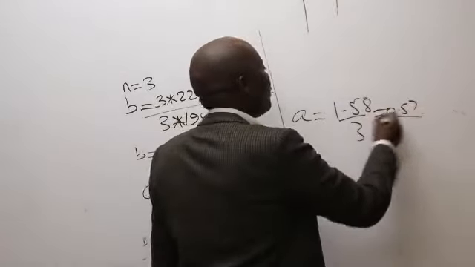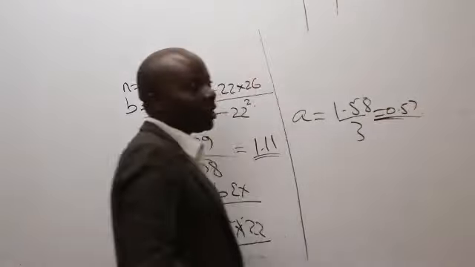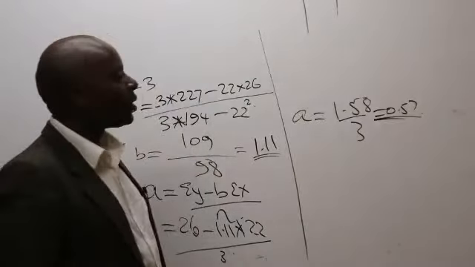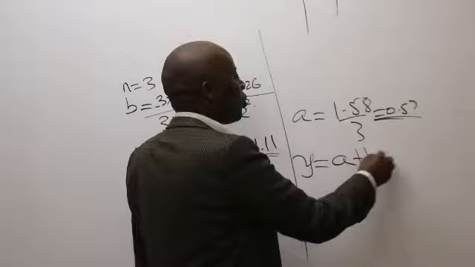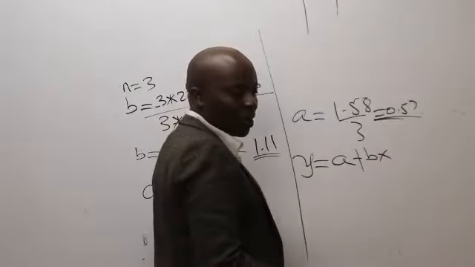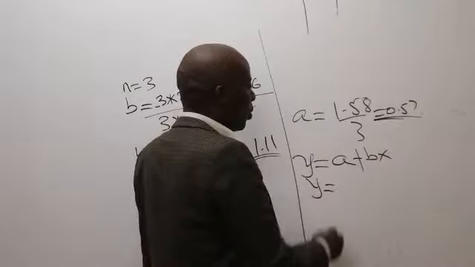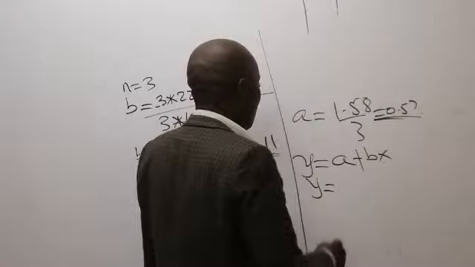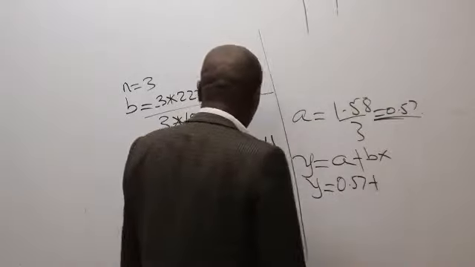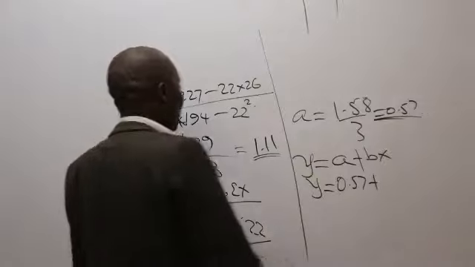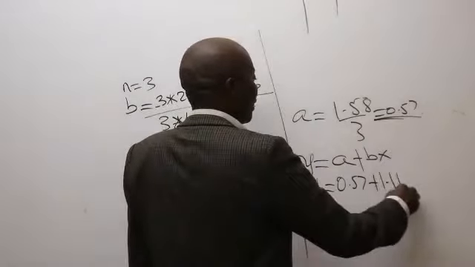Once I have the values of A and B, don't forget the free mark. Ladies and gentlemen, you're supposed to give us our equation, which is y equals A plus bx. So our y will be equal to A, that is 0.57, plus B, which is 1.11, x.